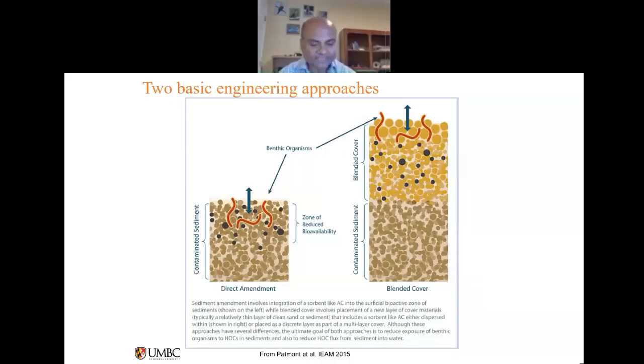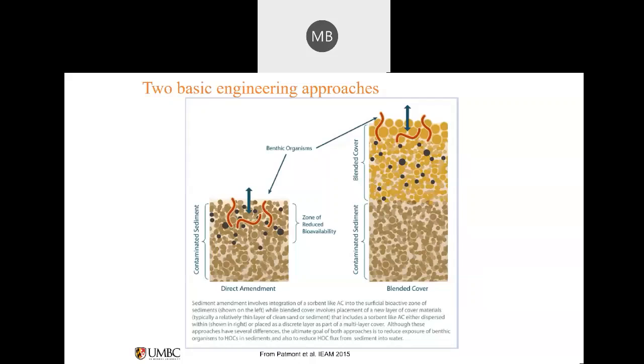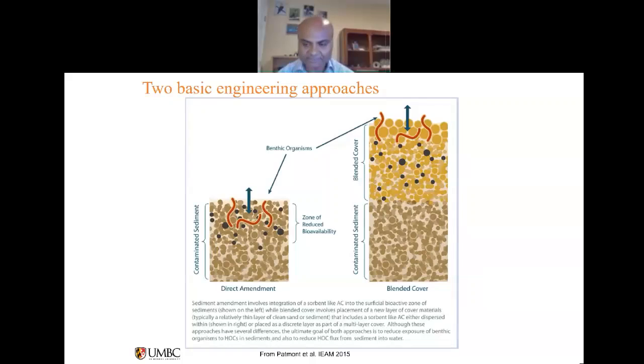The other, in sites where the sediments are less stable, you can blend it with sand or gravel to create a barrier layer that creates a new habitat which is protected from the contaminated sediments below. So those are the two constructs that we can take out into the field.